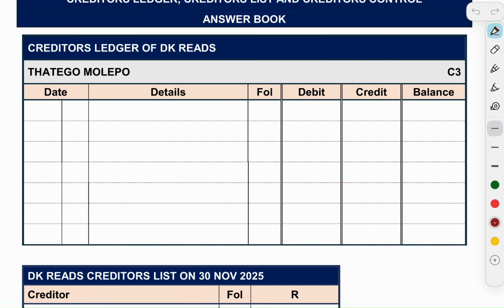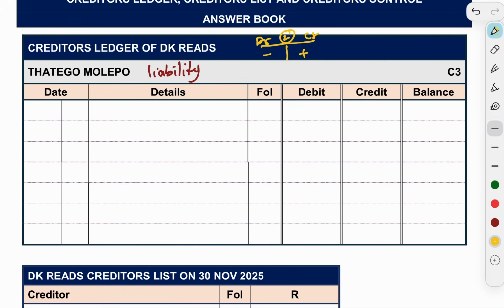What are you dealing with here? So since we are working with creditors, that means we are dealing with a liability account, because creditors are the liabilities of the business. What does this mean now? Let's analyze. Liabilities increase on the credit side and decrease on the debit side.